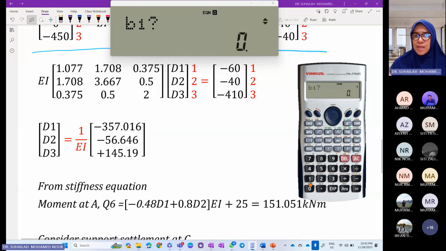B1 is 1.708. That's it. C1 is 0.375. D1 is negative 60. Next is 1.708.